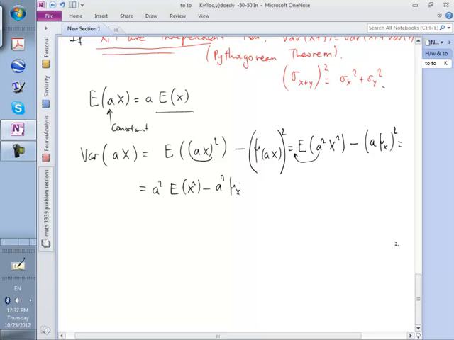Now factor out A squared, and you have the variance of X. So the variance of A times X is equal to A squared times the variance of X. And if I want to translate this to standard deviations, then that would mean A times the standard deviation of X. Okay?